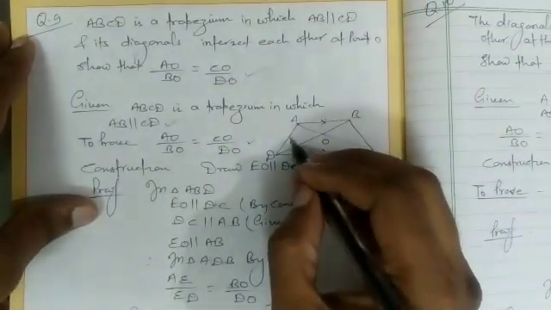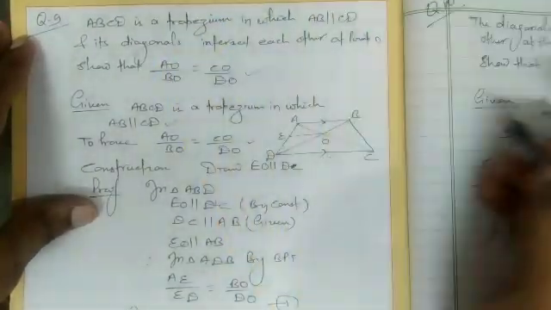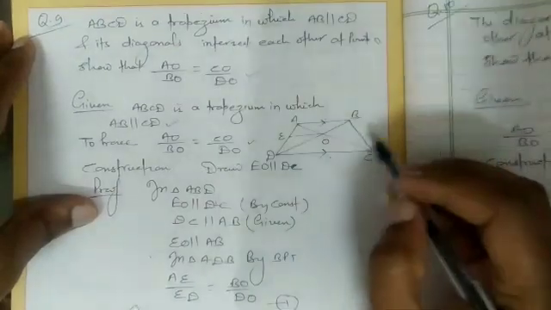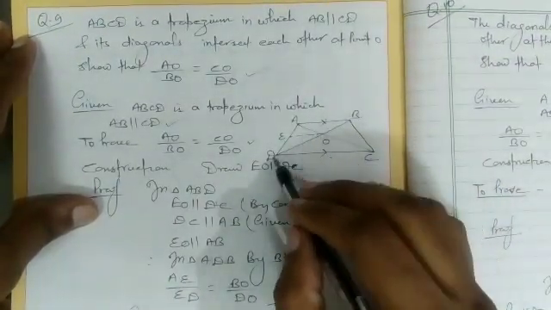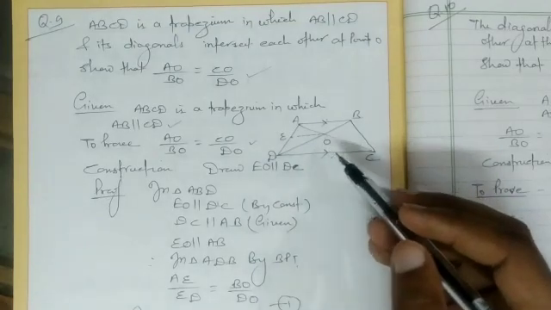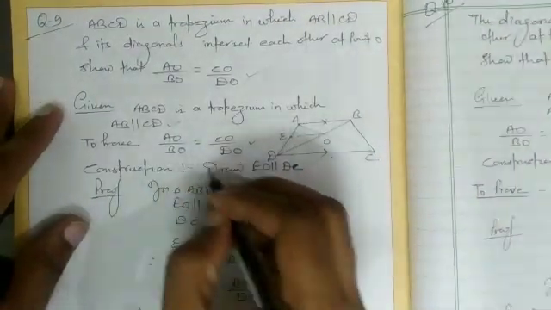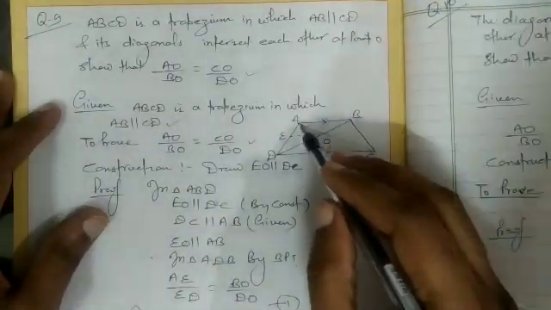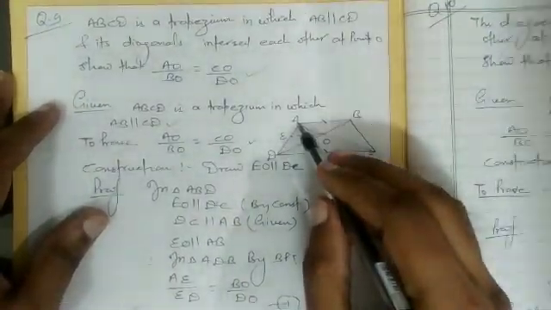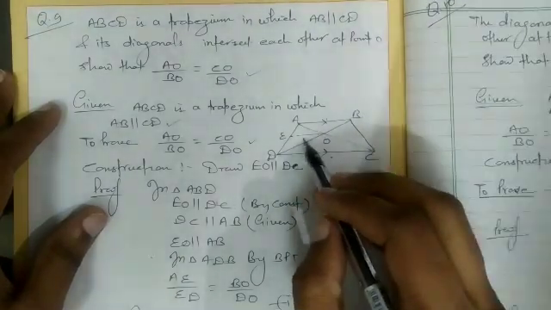Construction, what do we construct here? Draw EO parallel to CD. This EO we have drawn by construction. Now in triangle ABD, you can see EO is parallel to CD, we have drawn by construction.